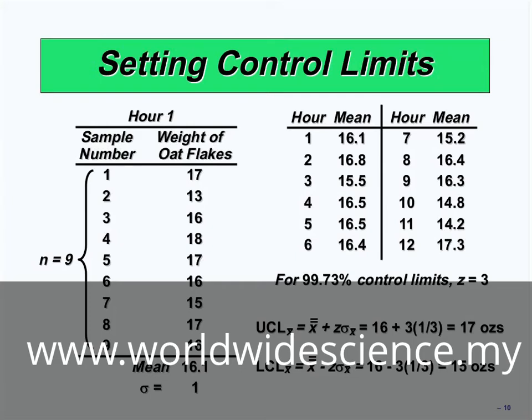Look at the table on the right. It's less than 15. Because we told you the LCL, or lower control limit, or minimum control limit, is 15. A number below 15 is not acceptable, and a number above 17 is not acceptable. But in hour 12, the mean was 17.3. It's more than 17.